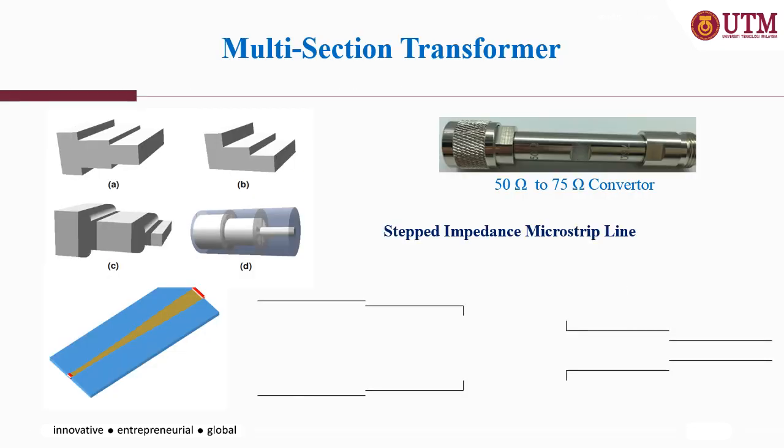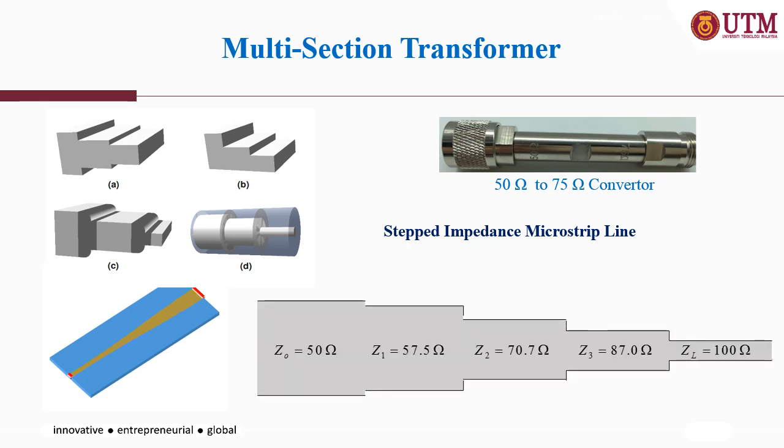Alright, the figure shows the multi-section transformers. It can be a step transformer, and it could be within the cable as well. In terms of microstrip antenna design, this one is a converter, and if you can see the value here, a 50 to 70 ohm converter.